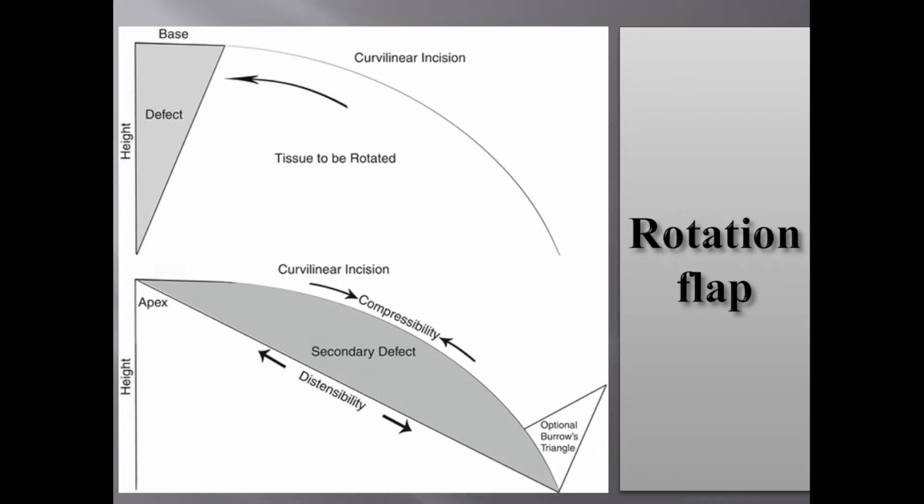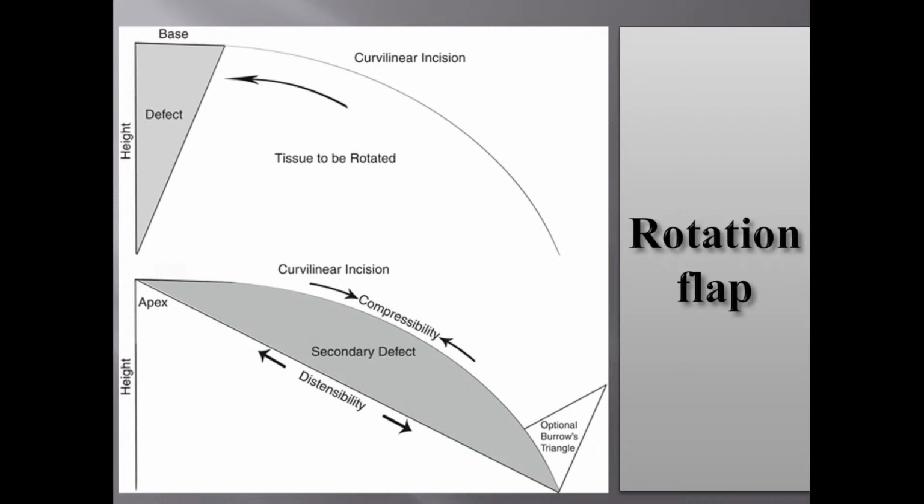Although rotation flaps are useful in many clinical situations, the configuration creates curved incisions that frequently do not lie completely in relaxed skin tension lines. Like all pivotal flaps, a rotation flap develops tendon cutaneous deformities at the base of the flap that cannot be easily removed without compromising the vascularity of the flap.